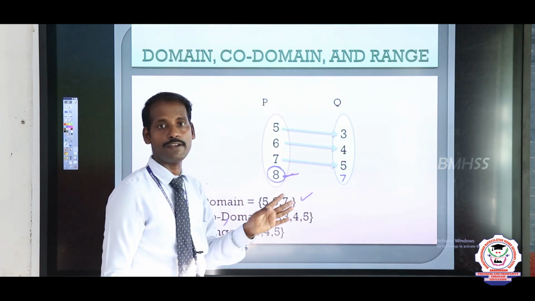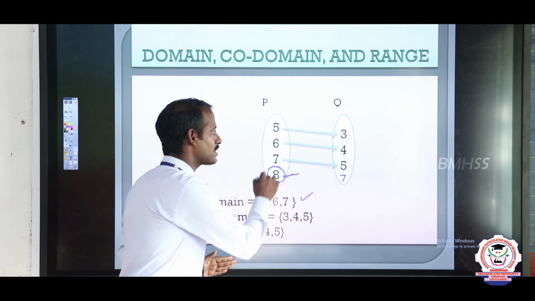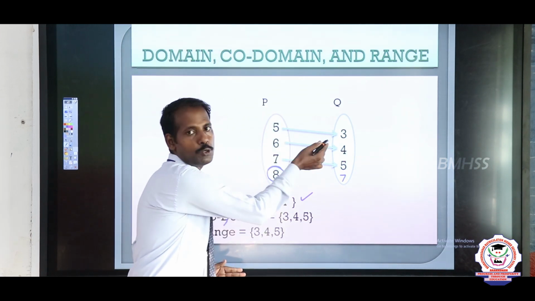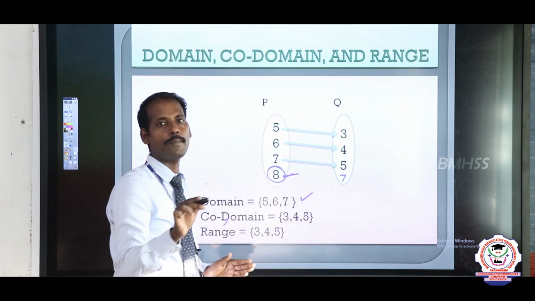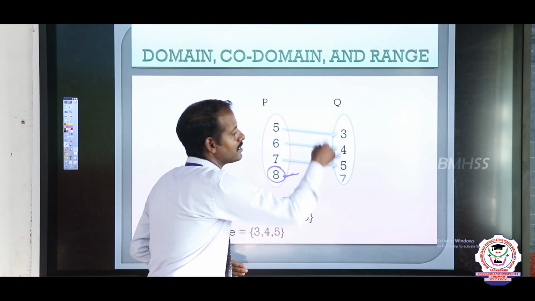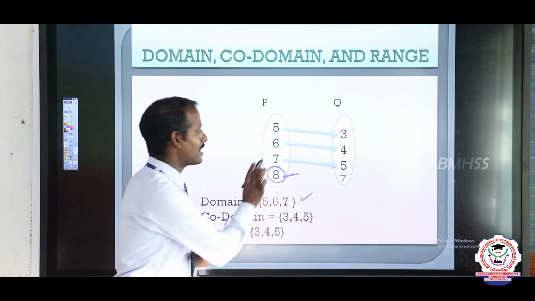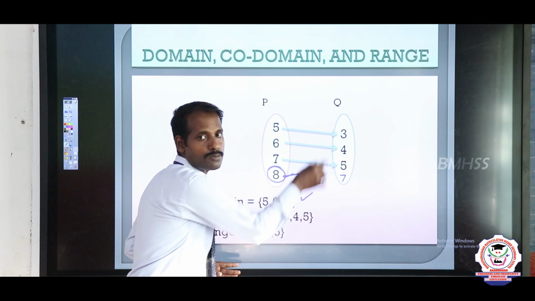That is the difference between codomain and range. The domain is the elements related from P to Q. The codomain is all the elements of the Q set. The range is only the elements that are related.